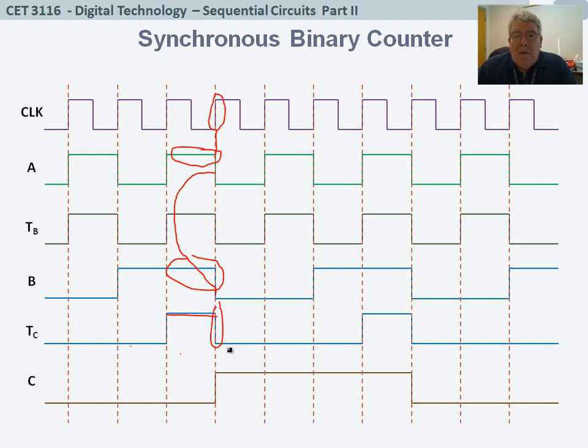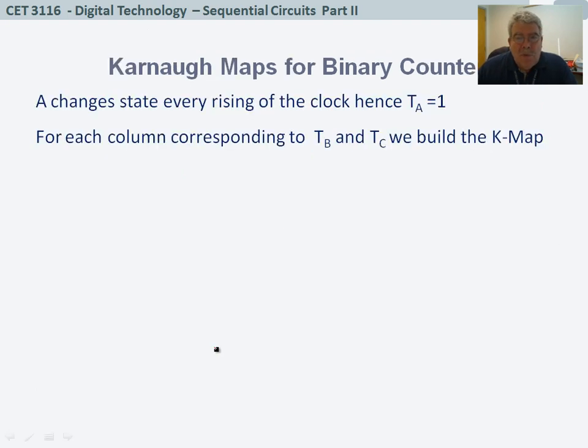Here's how we are supposed to be able to draw the equations for any type of sequential circuit. If you have the state diagram and the state table, we can derive how each bit changes from the present state to the next state.